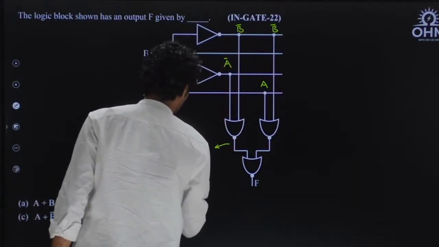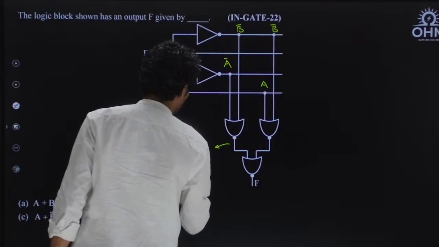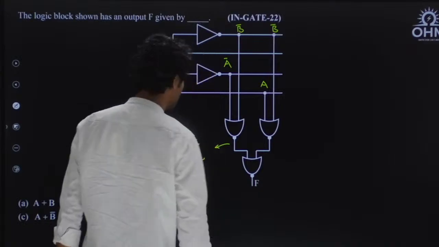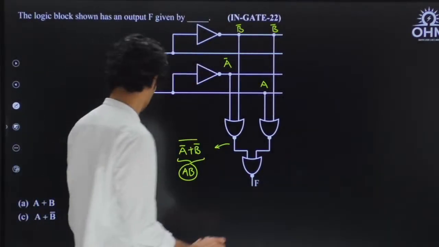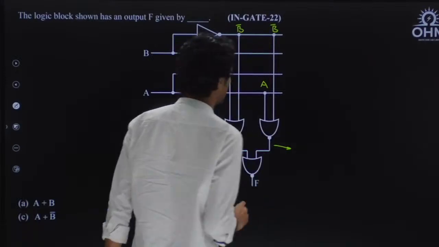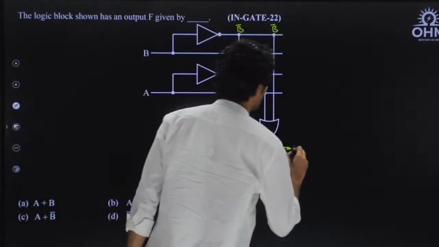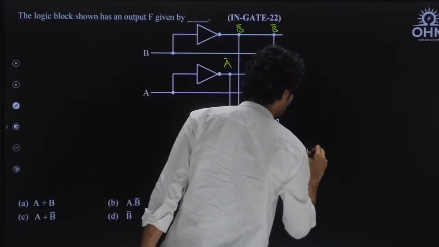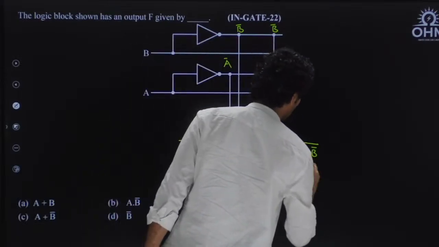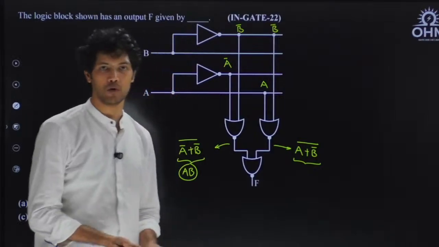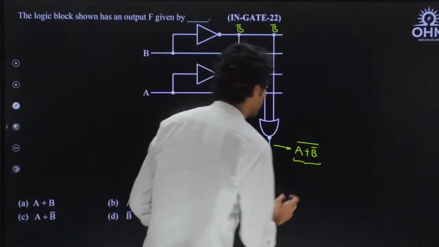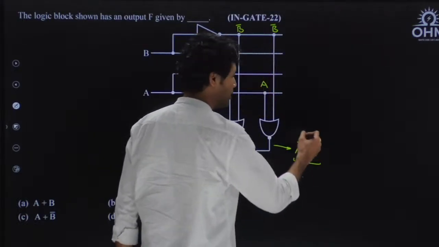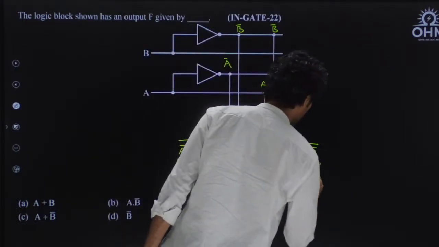The output is nothing but A bar plus B bar whole bar, which becomes equal to, by applying De Morgan's theorem, A into B. And what about here? Here one of the inputs is A, the other input is plus B bar whole bar. Applying De Morgan's theorem again, we get the output as A bar into B bar whole bar. B bar whole bar is basically B.